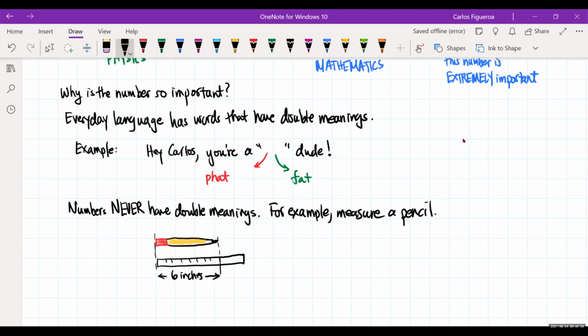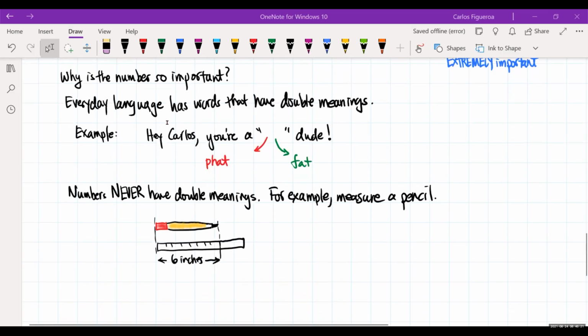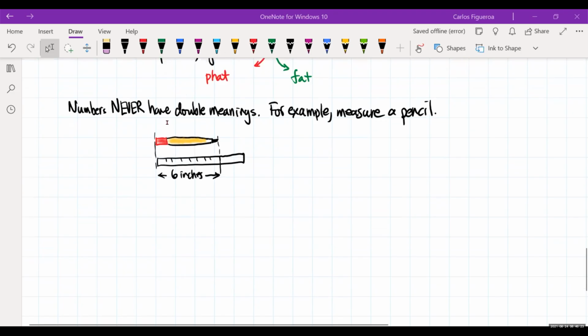Once you measure that pencil and it's 6 inches, what's there to debate? You can measure it, she can measure it, he can measure it. And that ruler always claims that that pencil is 6 inches long. So that's why numbers are so important in science.